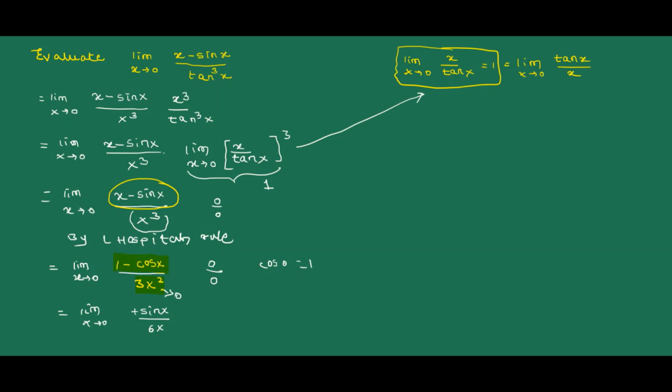Now again put x is equal to 0. If you put x is equal to 0, again you will get 0 by 0 form, because sine 0 is 0.